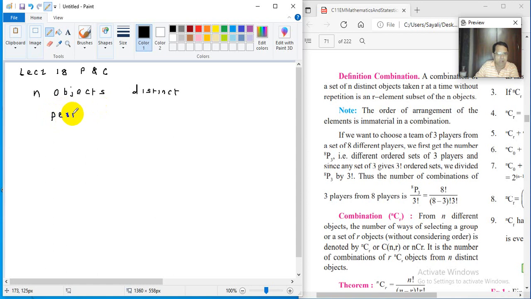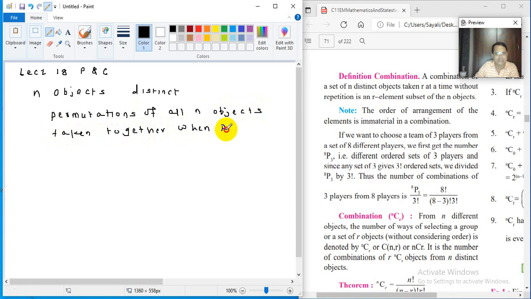When repetition is not allowed, the number of permutations is n factorial.